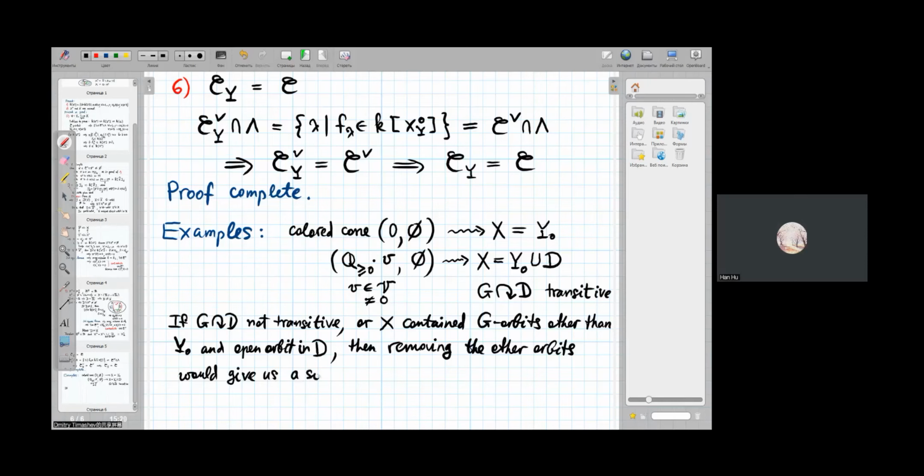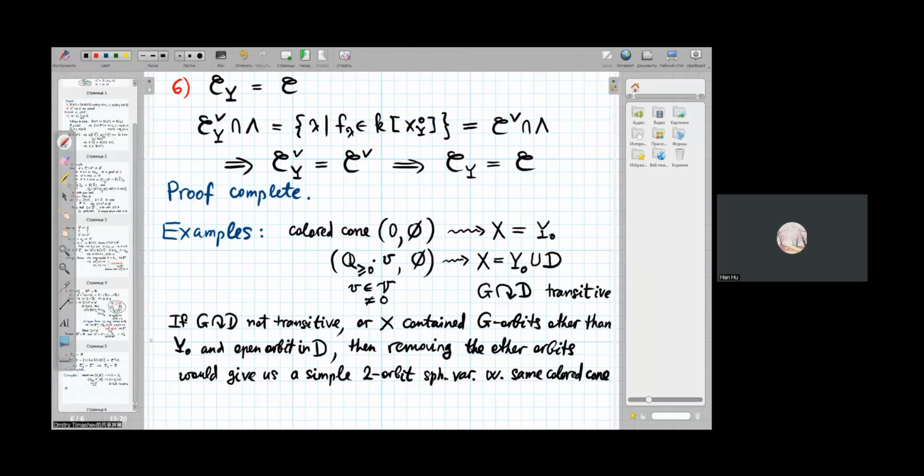So removing the other orbits would give us a simple two-orbit spherical variety with exactly the same colored cone.